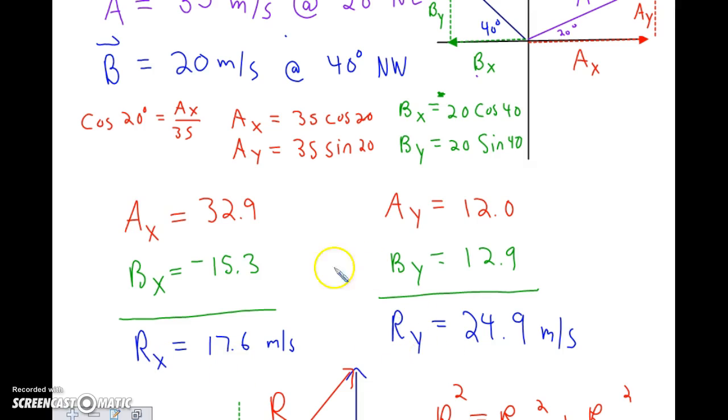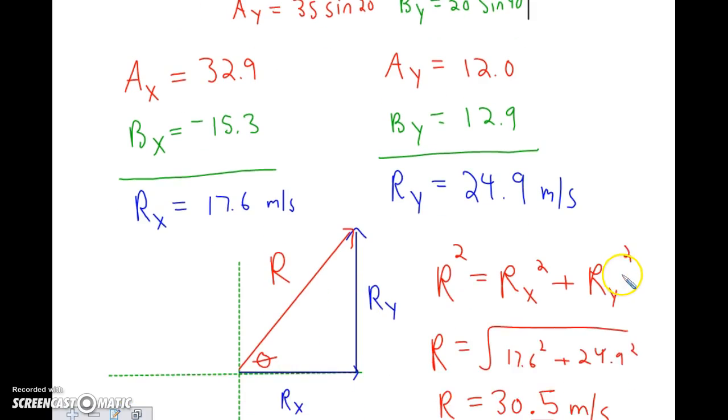And again, one more side note was that if we had more than two vectors to add, if there was a vector c, a vector d, a vector e, and so on, you would also in this step find all their components, x and y, and just add them to this list of summing them up.